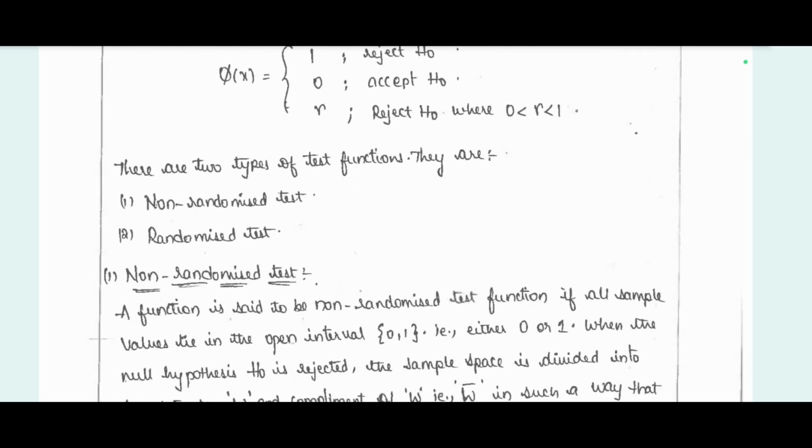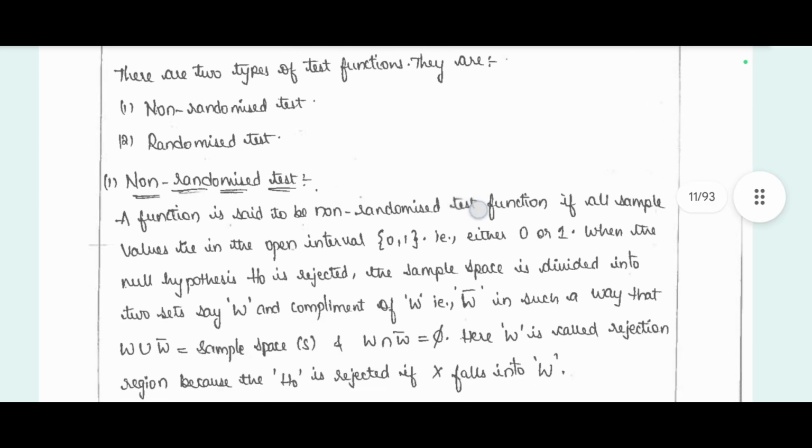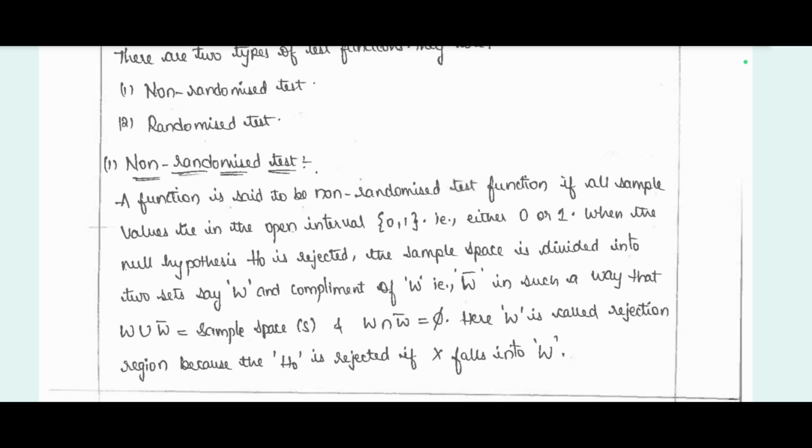There are two types of test functions. They are the non-randomized and randomized test functions. What is a non-randomized function? Non-randomized means there is no distributional functionality; it does not tell you how x follows.